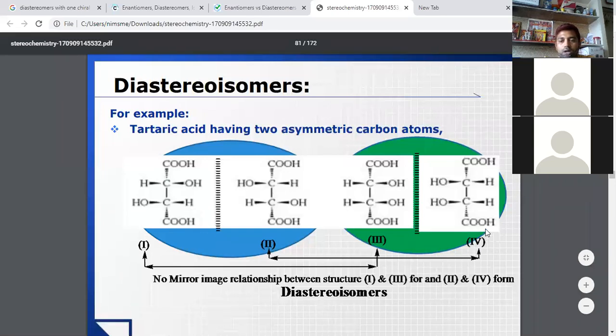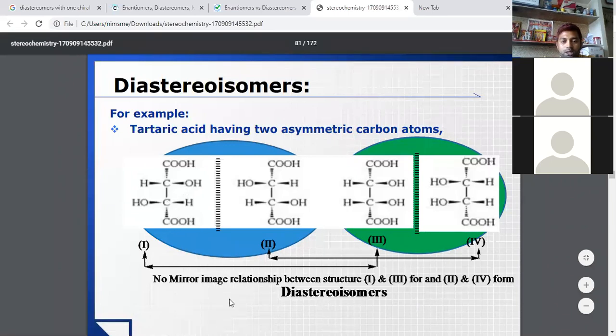So they are diastereomers: first and third, second and fourth. Understood, Robin? Yes, sir.